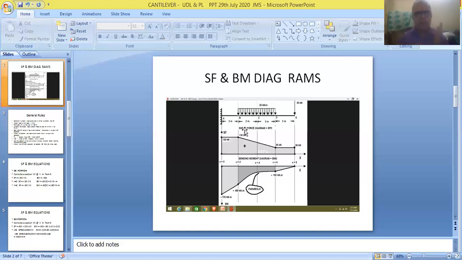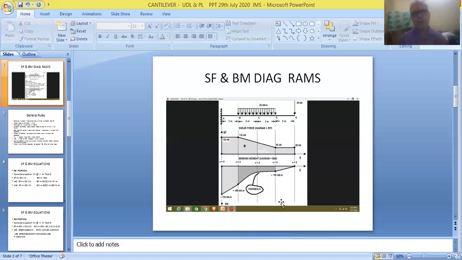Now friends, as I've already told you, UDL is coming in the middle portion. So therefore, a curve is obtained in this middle portion. This is called as a parabola, and point loads are acting in these regions, shown in the linear form. So this is a straight line in the form of a linear form, and this is also in the form of a linear form.